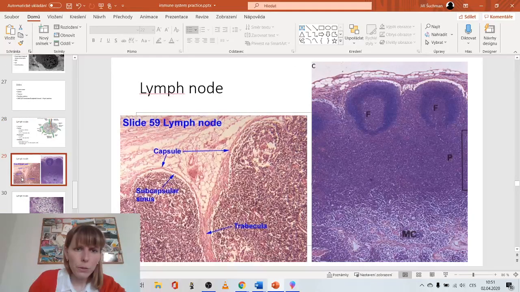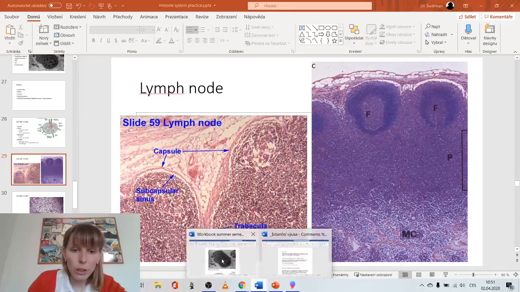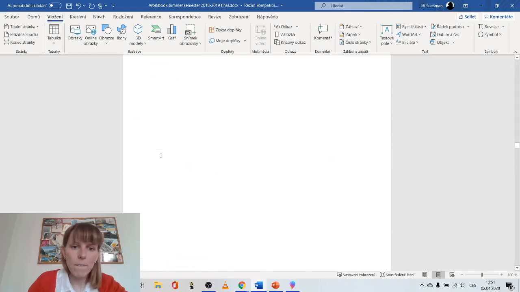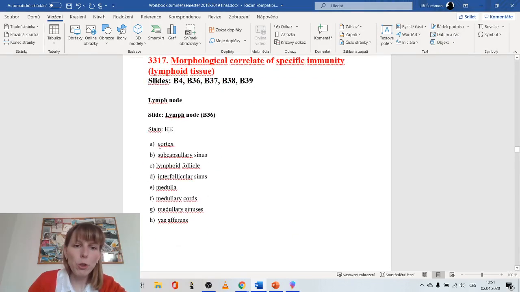So we want to take a look at all of this on the slide. So in your workbook, let's go back. Specific immunity. So we should be able to see the cortex with the subcapsular sinus, the lymphatic follicles inside the cortex.